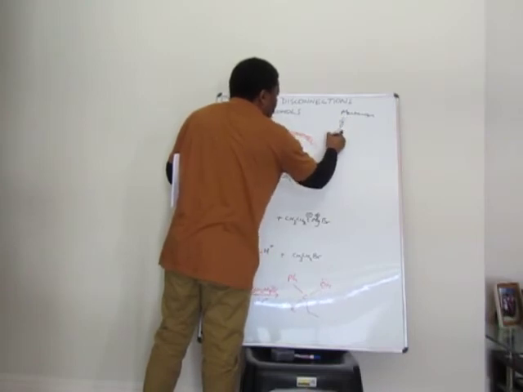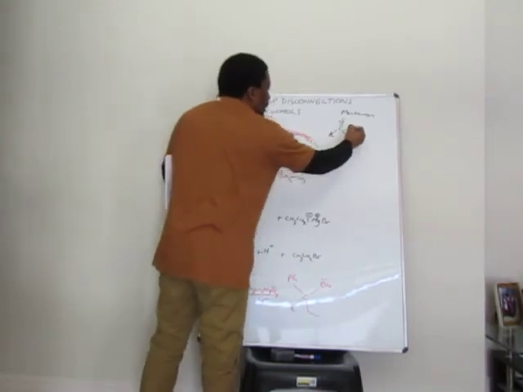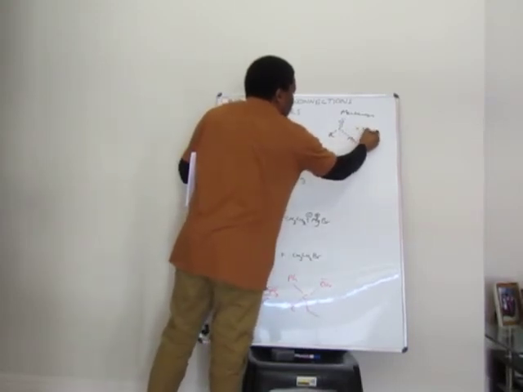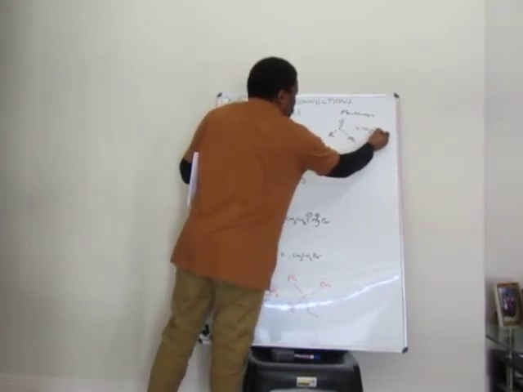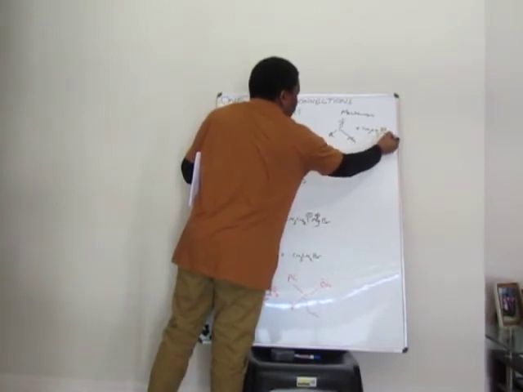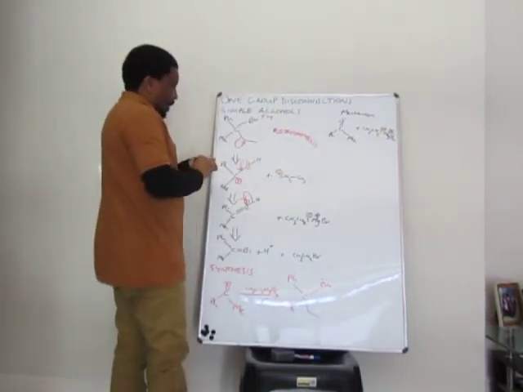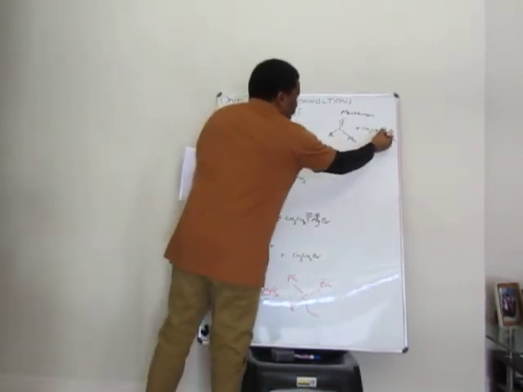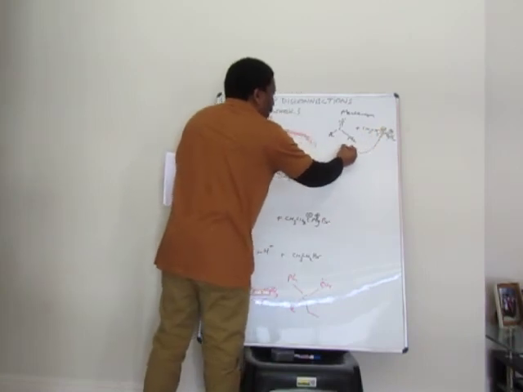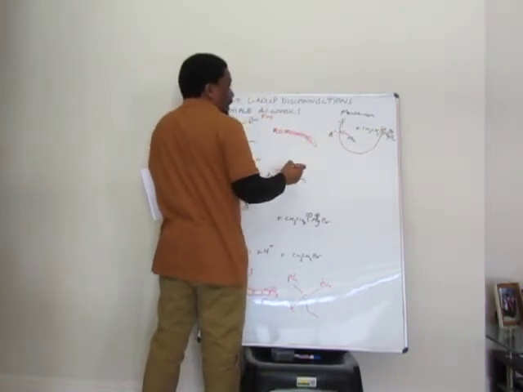This is my Ph. This is my Me. Then here CH3, CH2, negative. This is MgBr, positive, isn't it?